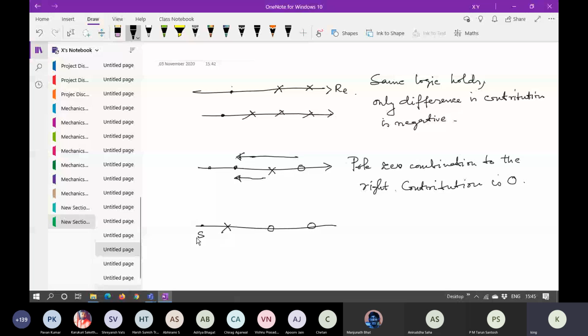The roots that are not on the real axis are not going to contribute anyway.